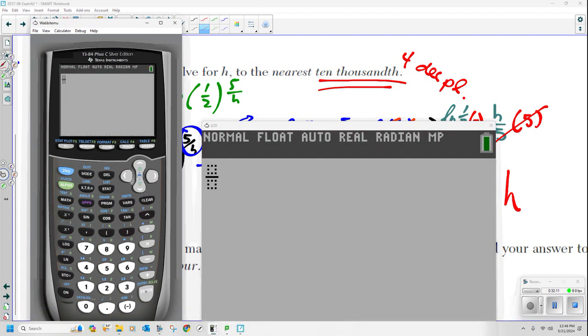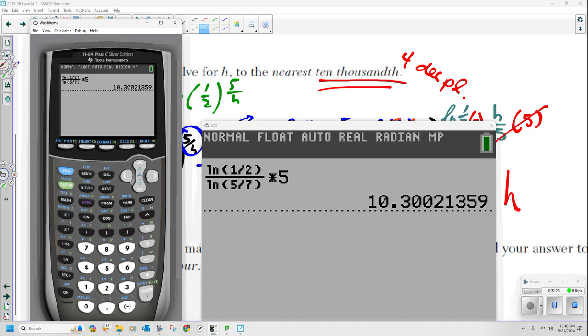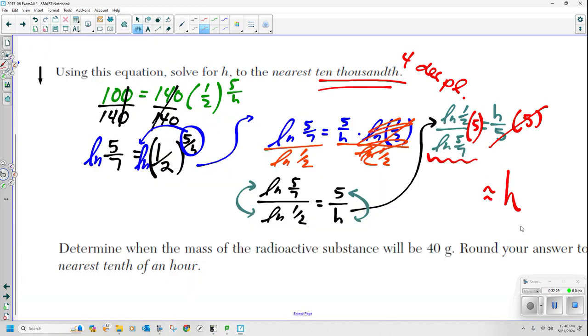It's the ln of 1/2 divided by the ln of 5 divided by 7. And then I'm going to multiply that times 5. And I'm going to get 10.3002. Remember, I want to go 4 decimal places. 10.3002. That was quite a bit for a small problem.